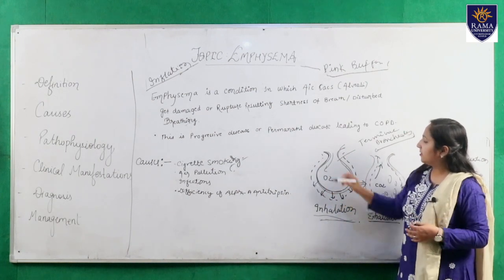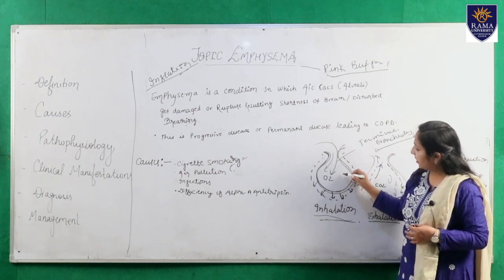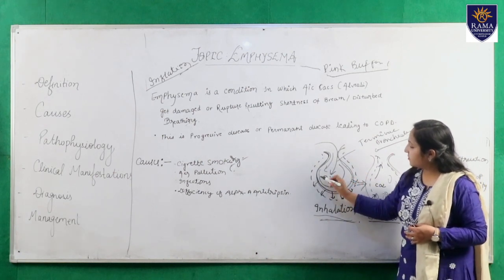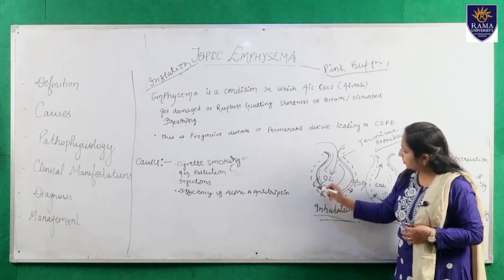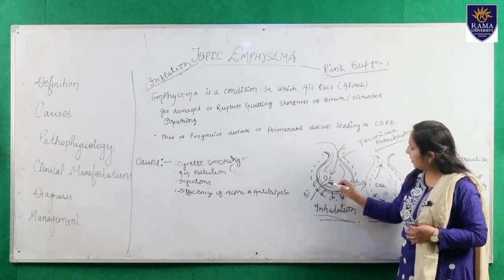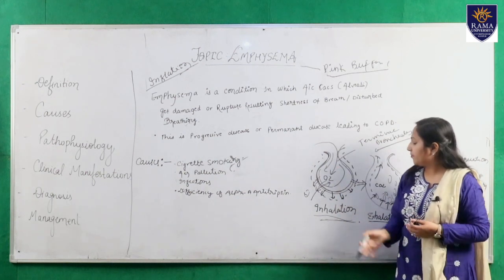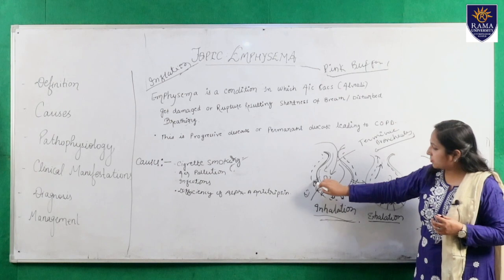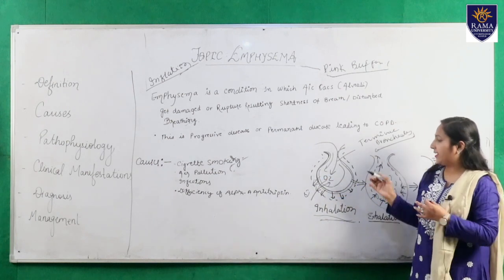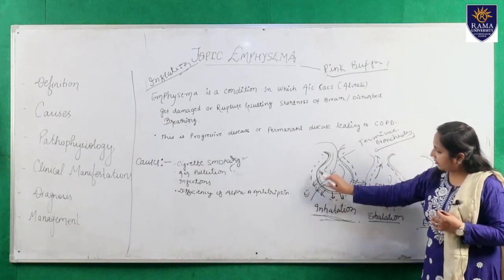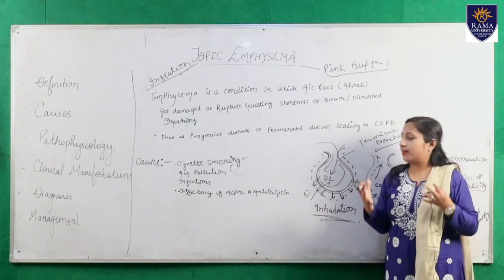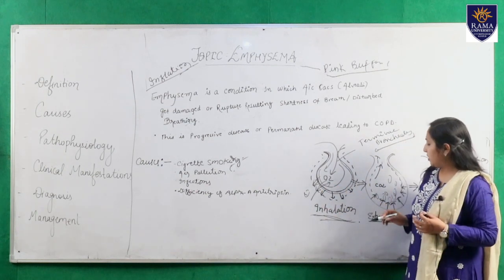When we inhale, the oxygen comes in, and respiration takes place. O2 goes into the capillaries and CO2 comes back into the alveolar sac and is exhaled. So this wall helps us to exhale and inhale. In inhalation, the alveolar sac expands during inspiration.